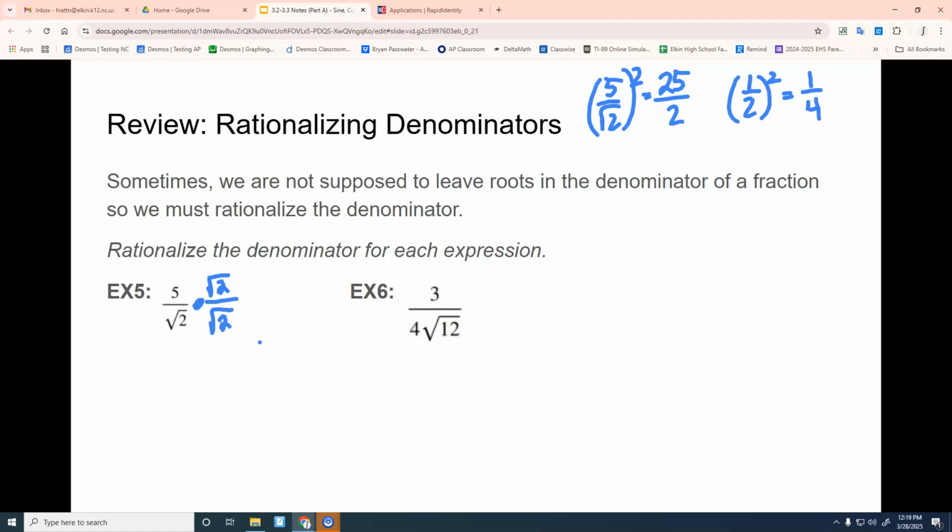But it's going to get the square root out of the bottom, because in the top, we are just going to have 5 square root of 2. In the bottom, there's a couple different ways of thinking about this. You're doing square root of 2 times square root of 2, which is the square root of 2 squared. Square roots and squares undo each other, so you just get 2.